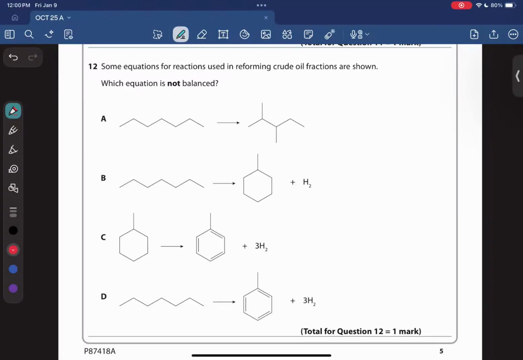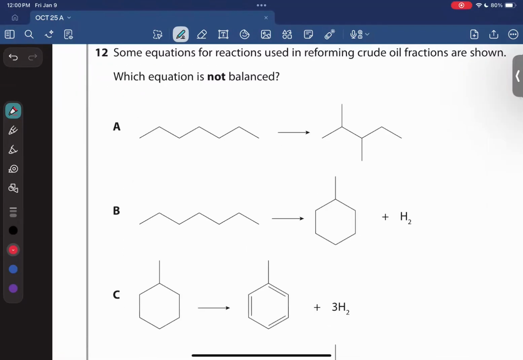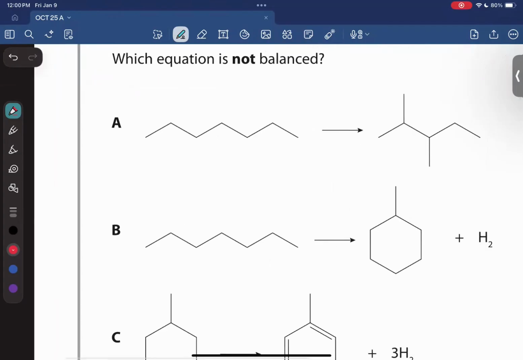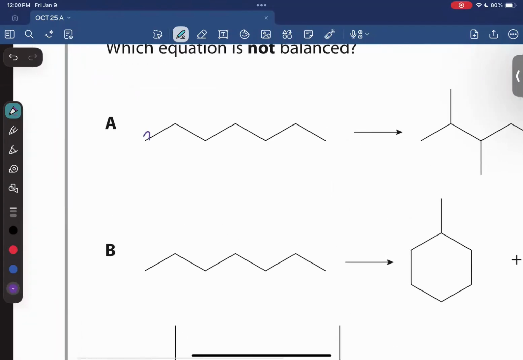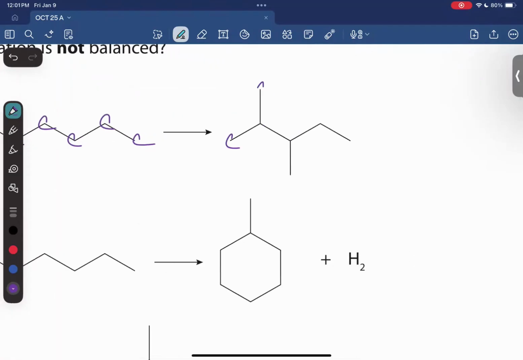In this question, it says that some equations for reactions used in reforming crude oil fractions are shown. Which of the equations is not balanced? So first of all, for this type of question, label everything down. Carbon, carbon, carbon, carbon. Over here we have carbon, carbon, carbon, carbon, carbon, carbon.